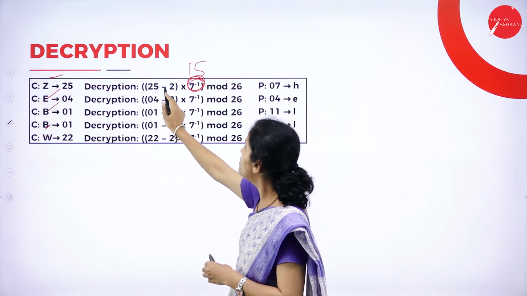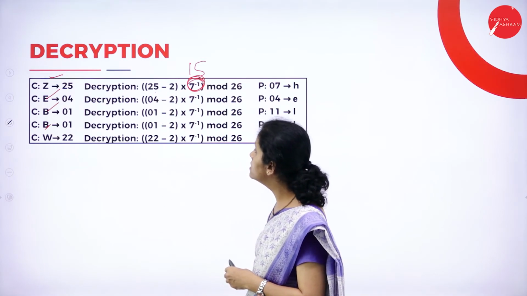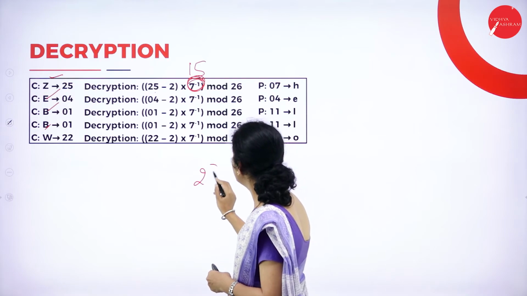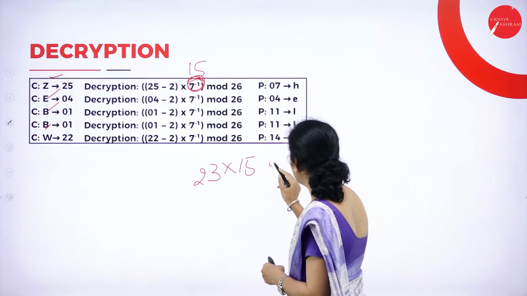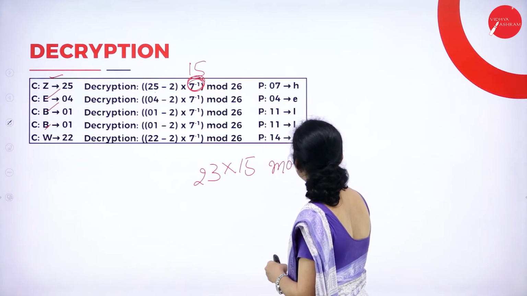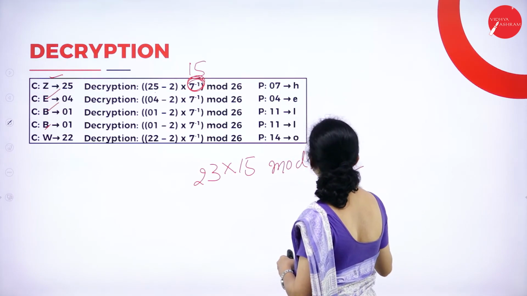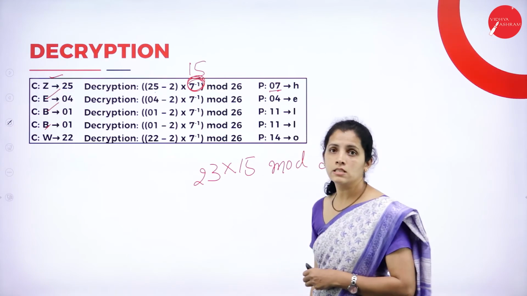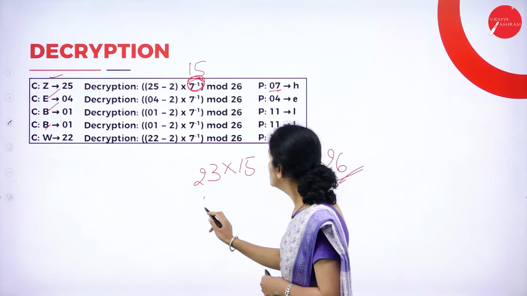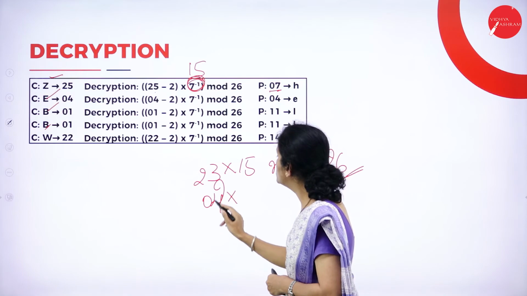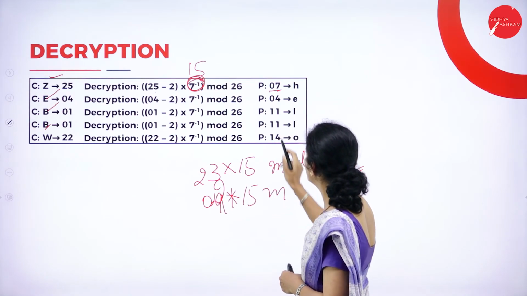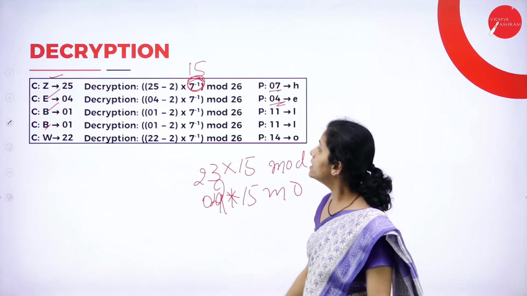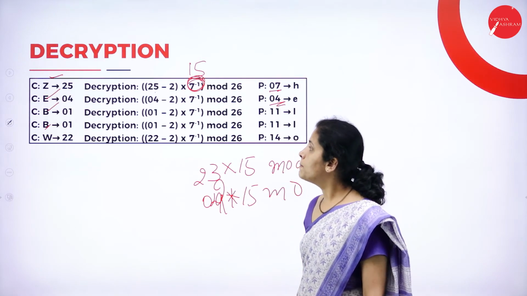So 25 minus 2, it is 23 into 15. Then mod 26. I'm going to get the remainder 7. Here also 4 minus 2, it is 2 into 15 mod 26. I'm going to get the remainder 4. Here it is 1 minus 2.